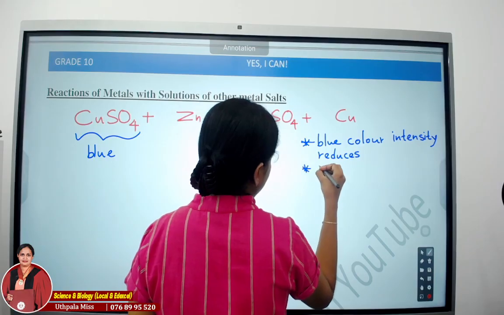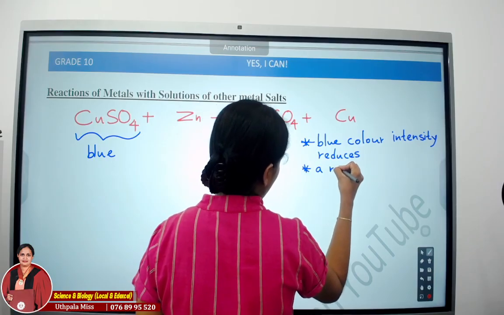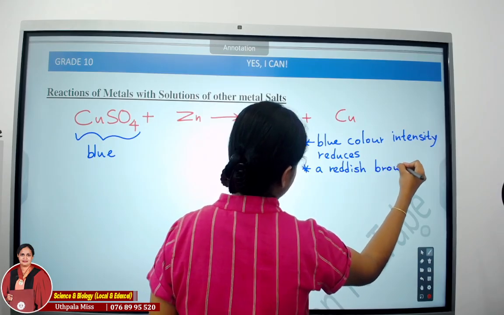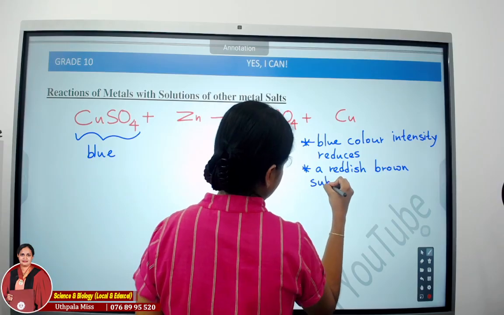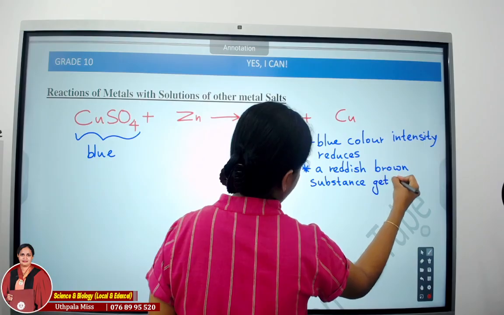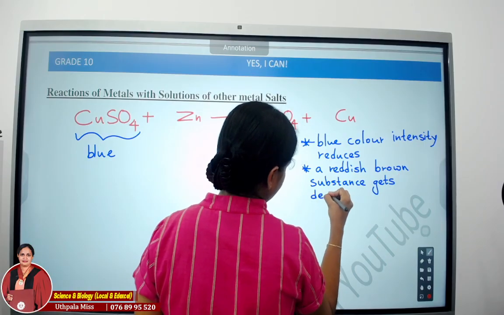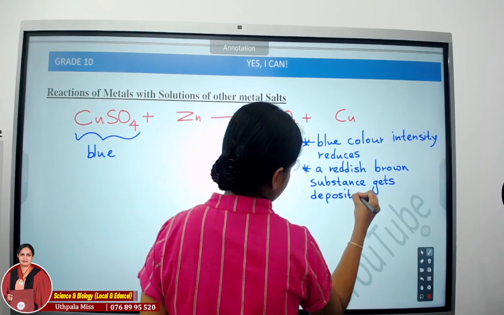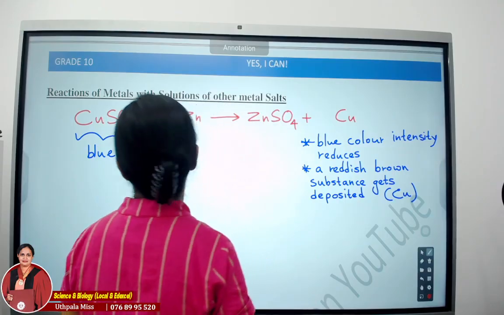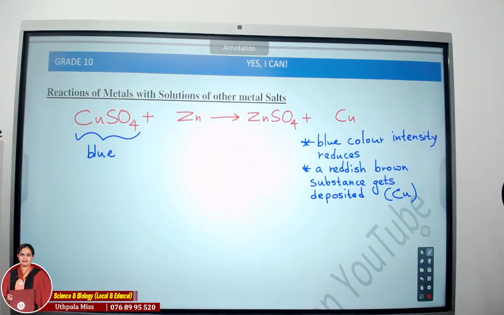and a reddish brown substance gets deposited. That is copper, right? This is a single displacement reaction.